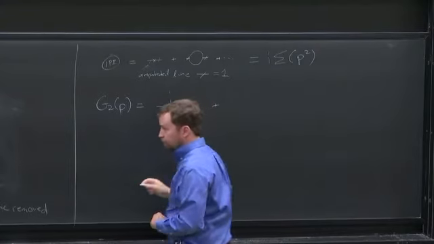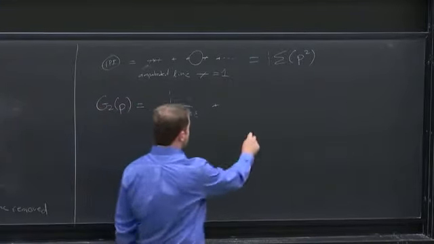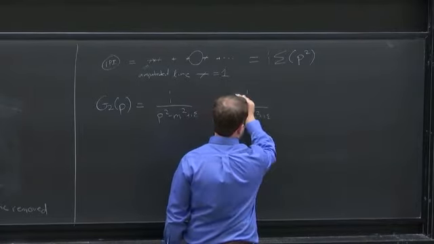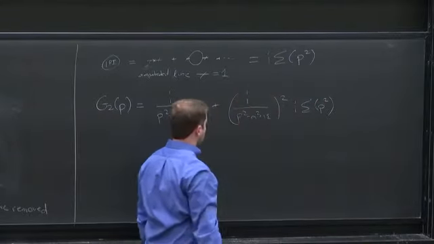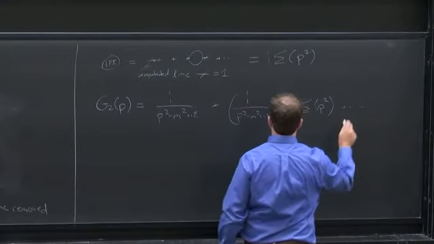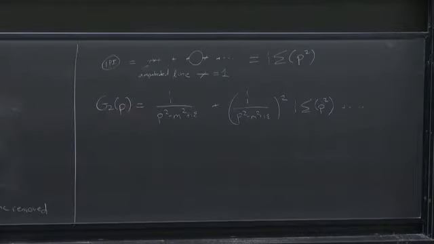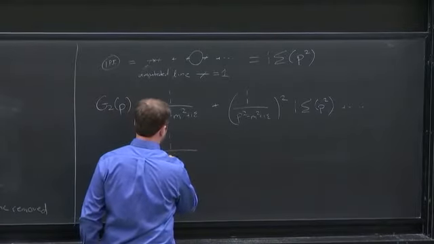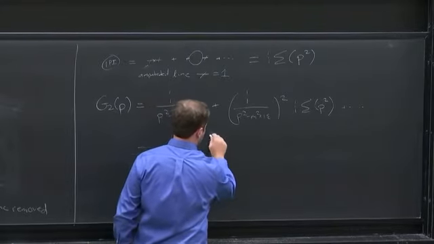The next term has two propagators, both of which have momentum p, i over p squared minus m squared, and we also have an i sigma of p squared. And so on. This is a geometric series. Every time we add a new 1PI part, we also add a new propagator.